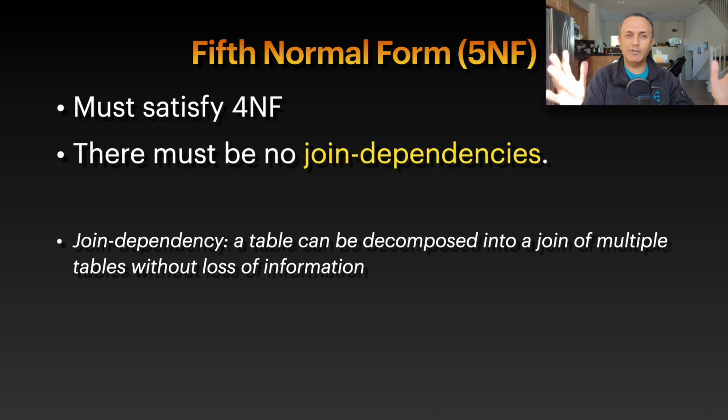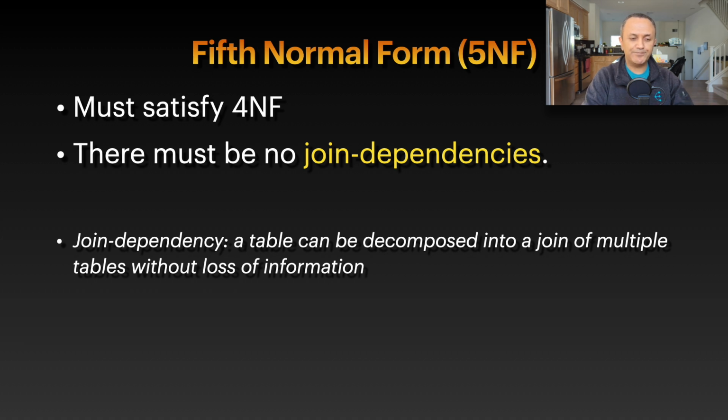So if you look at a big table and say, I can split it into multiple tables such that if I join those tables, I'll get that original table again without any missing rows or extra rows, then that initial table has a join dependency, and that table would not be in fifth normal form.